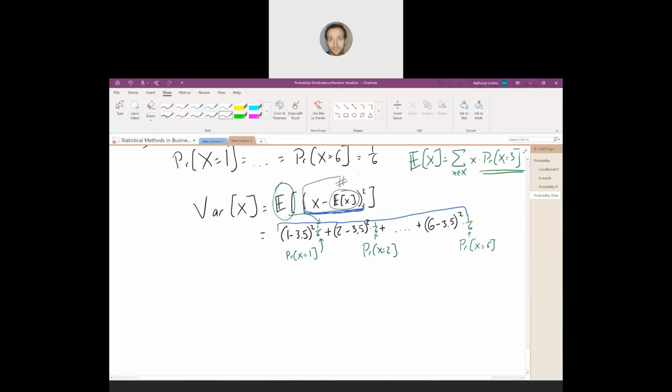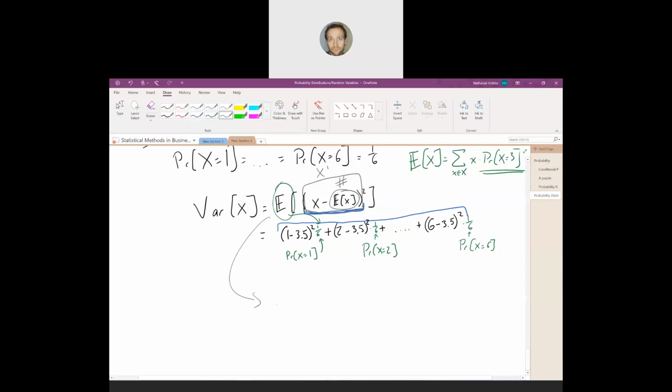And this part in blue, that's another random variable. It's just a random variable where you're subtracting 3.5 from it. So I could call this x prime.